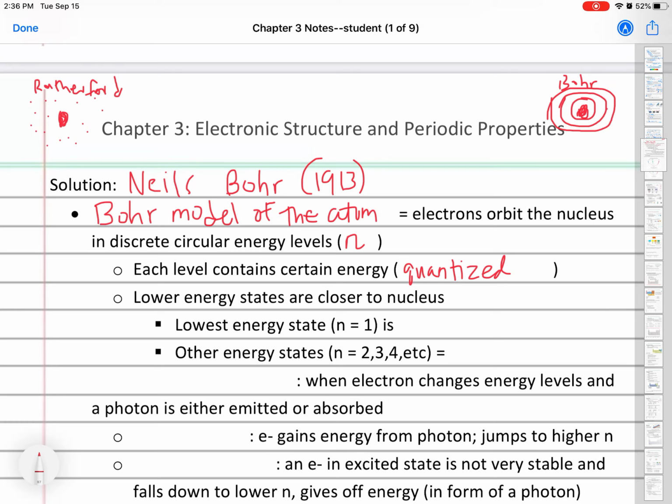They could only be in a discrete level. So those levels are quantized. He said the lower energy levels are closer to the nucleus. And so the lowest energy level, an N equal to 1, we would call that the ground state. The ground state level, the lowest level. And then the higher levels are the excited states.